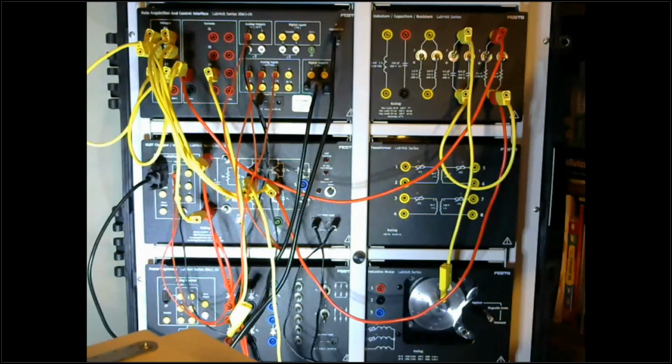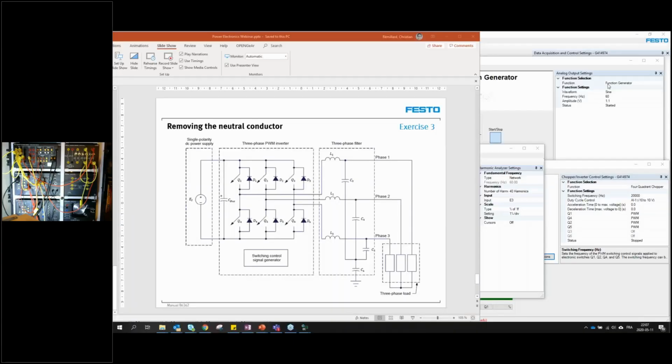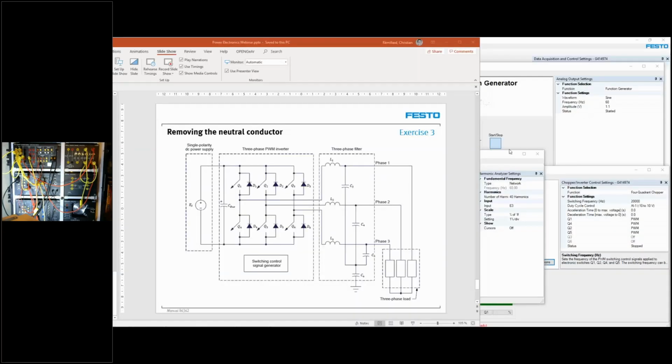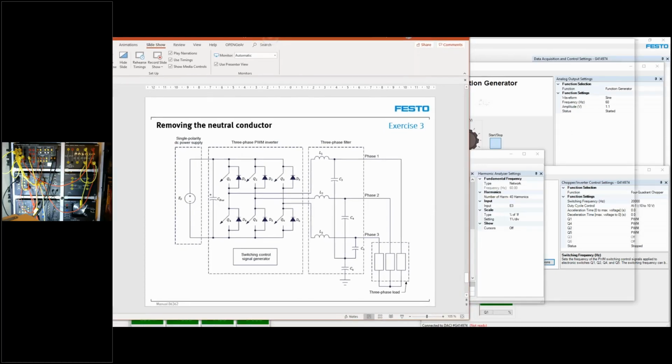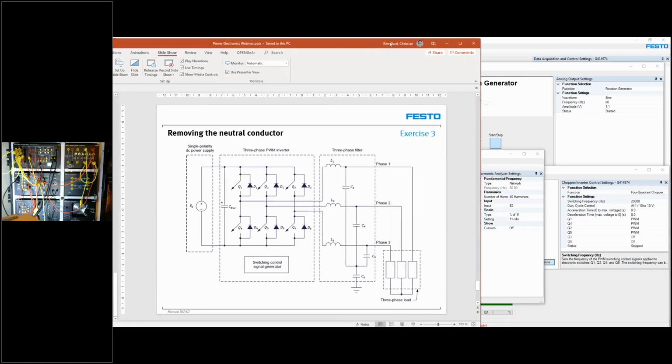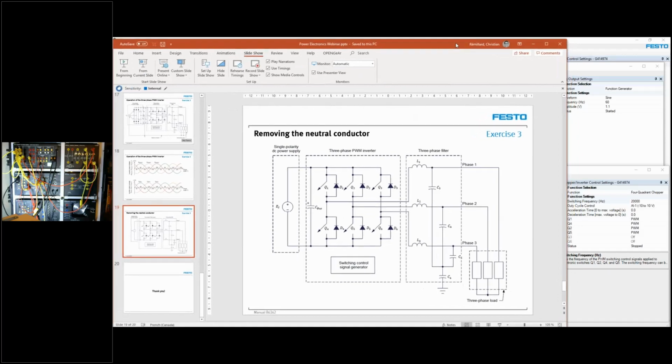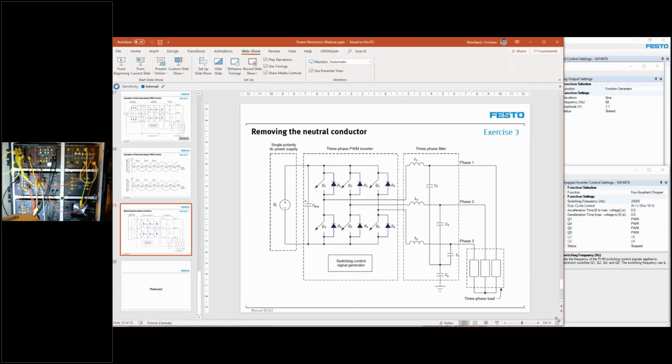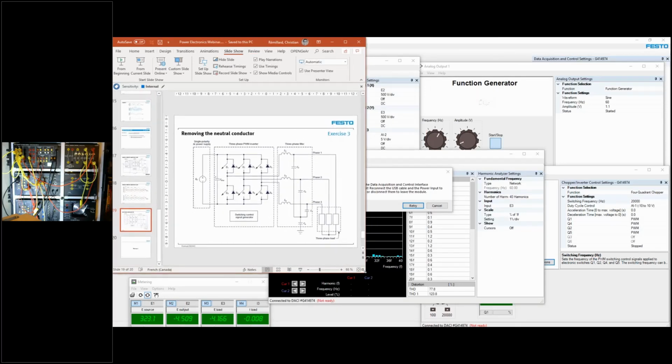Maybe it will fix the problem. Is it better? No, still not. Maybe you can shrink your PowerPoint window a little bit and it will fit in the screen. Which way should I go? Upper left, lower right? Upper left. Like this? Yeah, now we can see the full diagram. Perfect. Sorry about that.